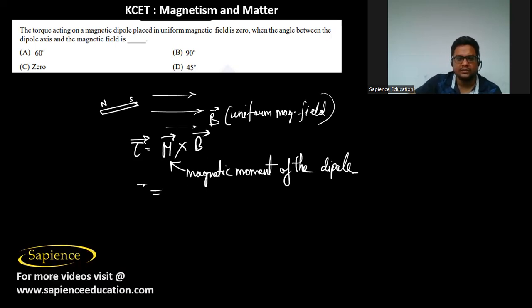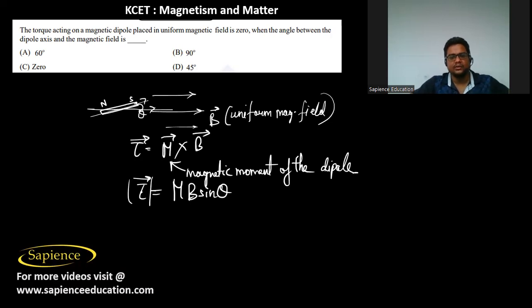It means now the magnitude of the torque is given as M B sine theta, where theta is the angle which the magnetic dipole axis makes with the external magnetic field.